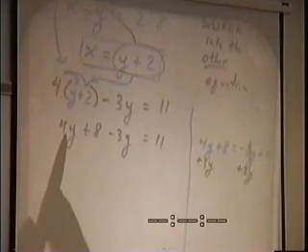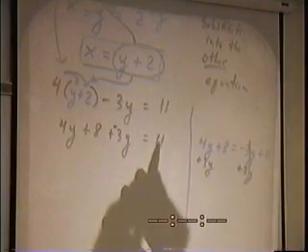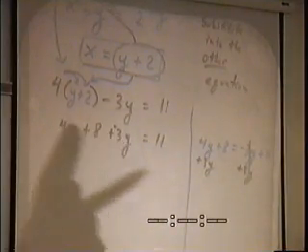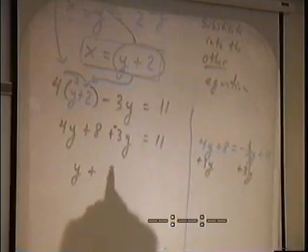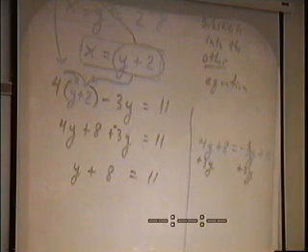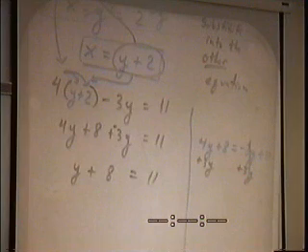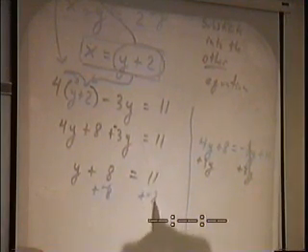This says 4y plus 8 plus negative 3y is equal to 11. These are on the same side. This is just y. Plus 8 equals 11. I add these together. Be careful of that. So what's y? 3. You add a negative 8 to both sides, which is 3.